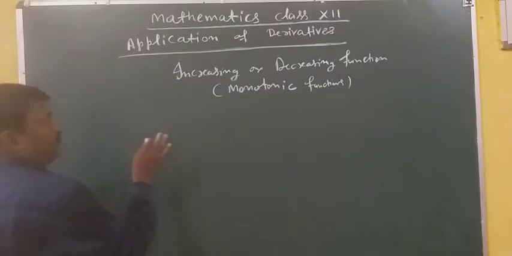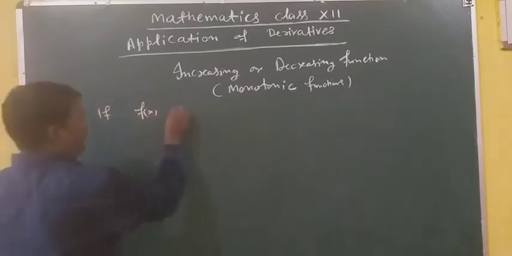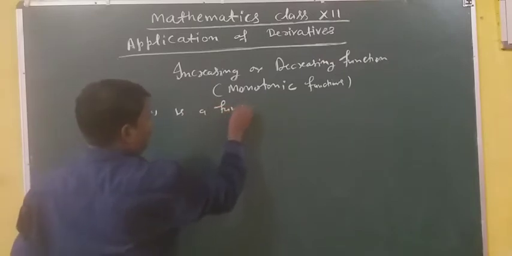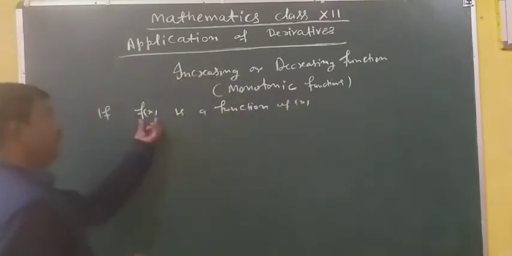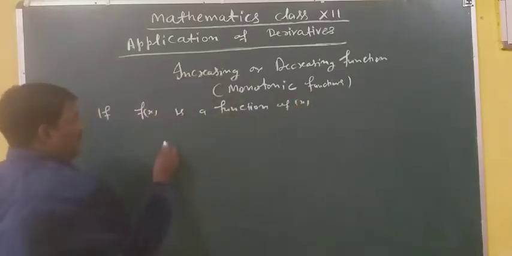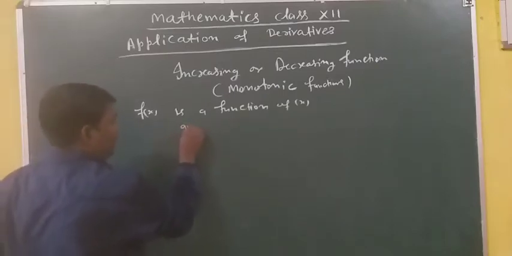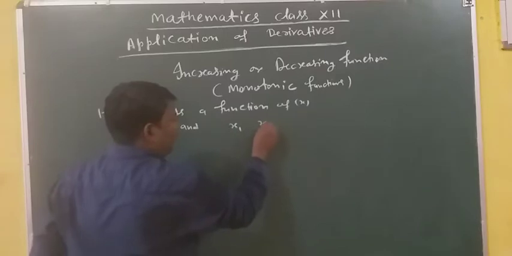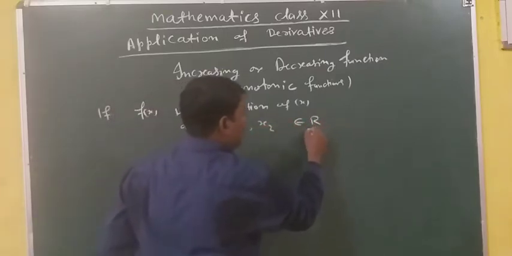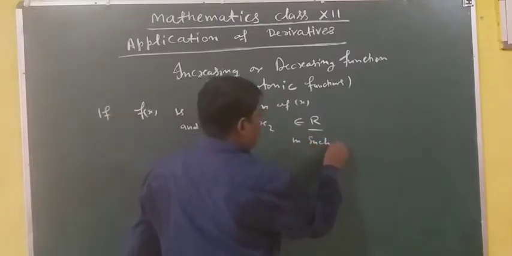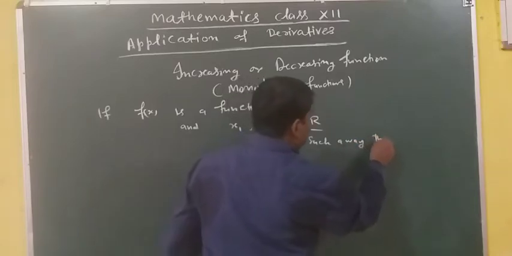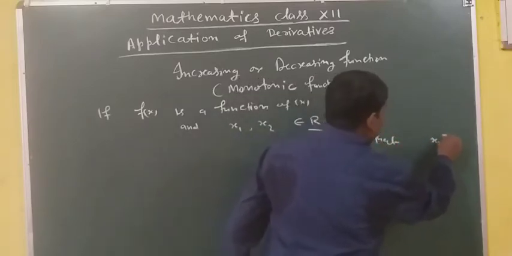So a function is said to be increasing or decreasing if there is a function f(x), a function of x, and we have taken two numbers x1 and x2 belonging to the real numbers in such a way that x2 is greater than x1.